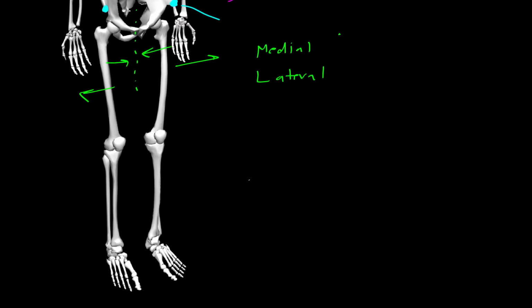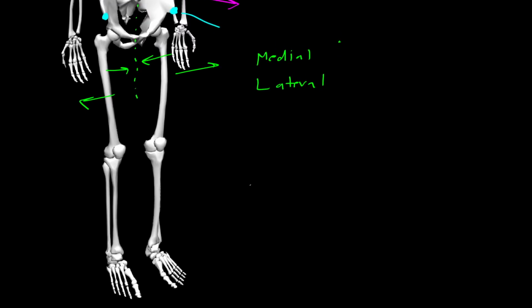You might be familiar with the medial and lateral malleolus. So medial malleolus, or malleoli, the plural term, medial, hopefully I spelled that right, that's that part of the ankle and that part of the ankle. Now notice they're both on the inside towards the middle.